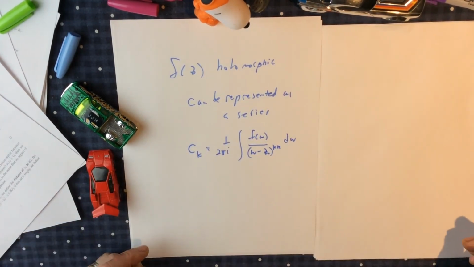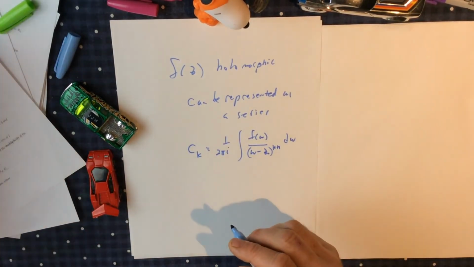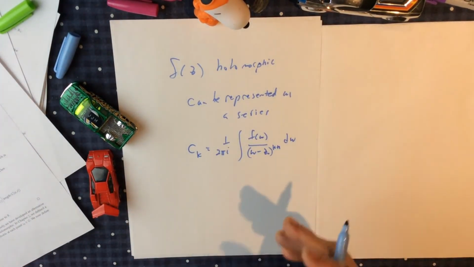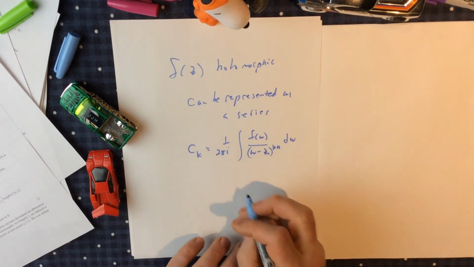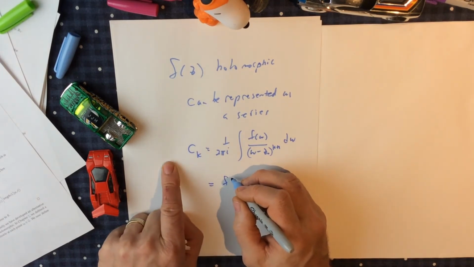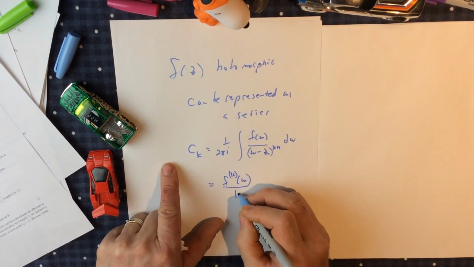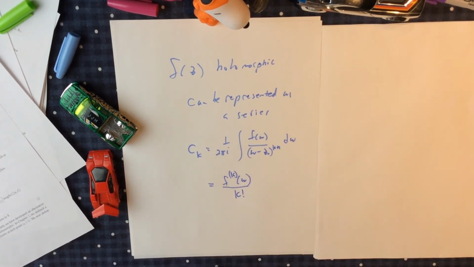Well, if you look at the beginning of chapter 5, and you iterate that, it turns out we know exactly what these values are. These values are the kth derivative of w divided by k factorial.